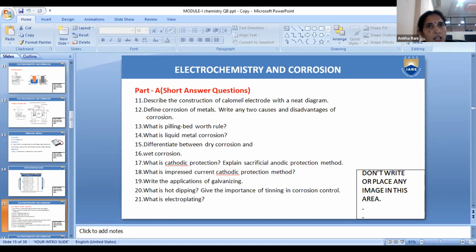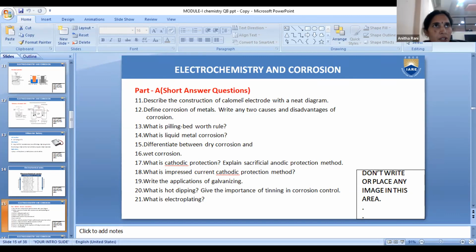What are you filling in the glass tube? First you fill mercury at the bottom. Then a paste of mercury chloride and mercurous chloride.